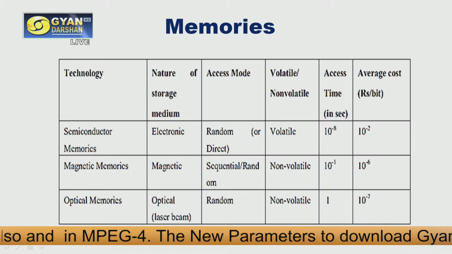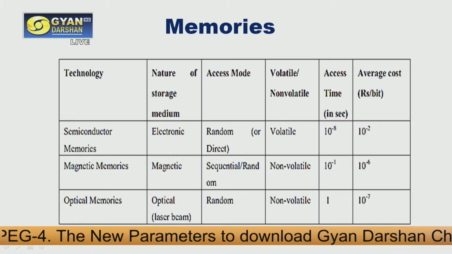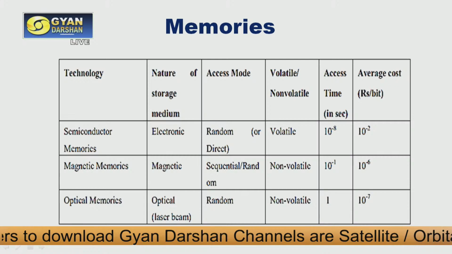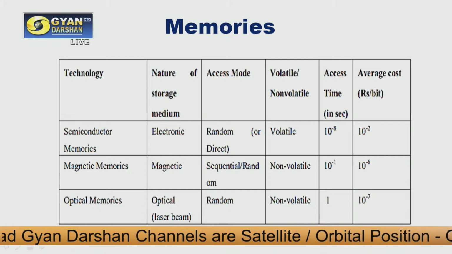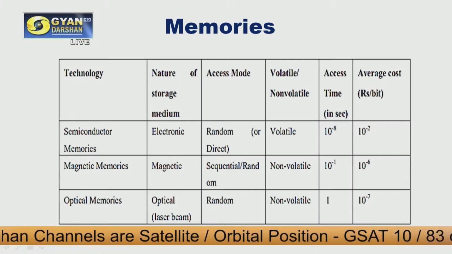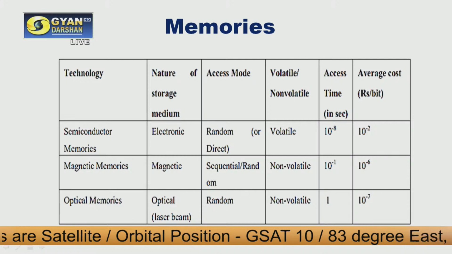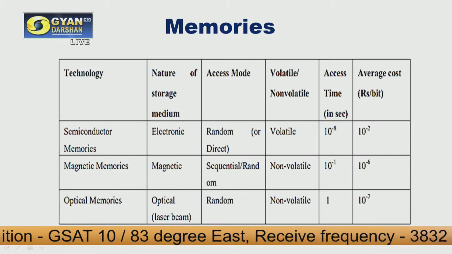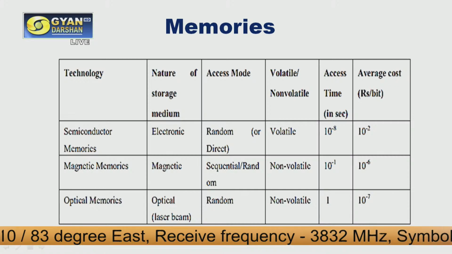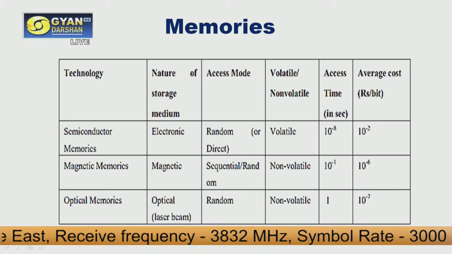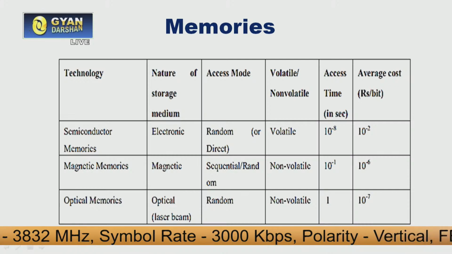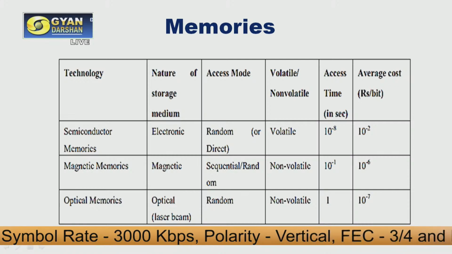Now, in our earlier session we covered that semiconductor memories are the electronic memories, and they use the mechanism of random access. They are quite fast but expensive at the same time. For bulk storage, we use the magnetic memories, wherein the nature of the storage medium is magnetic. They are able to store an ample amount of data, but they use the sequential mechanism of accessing the data.